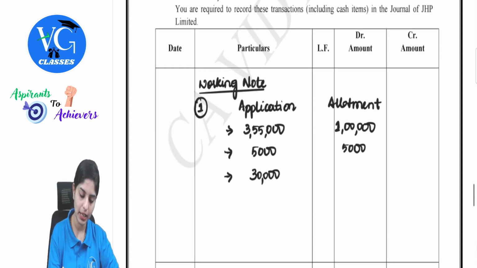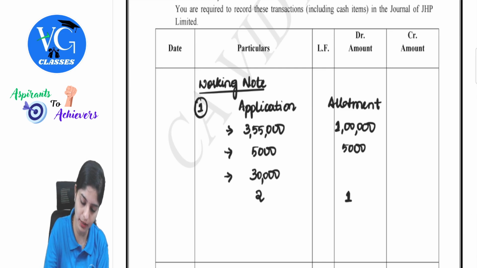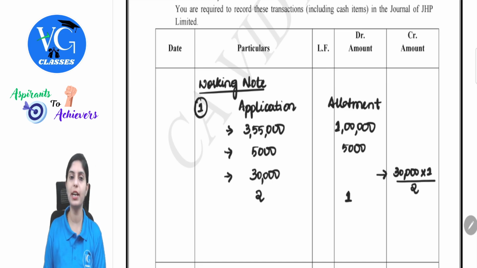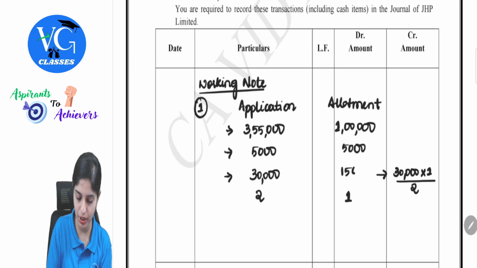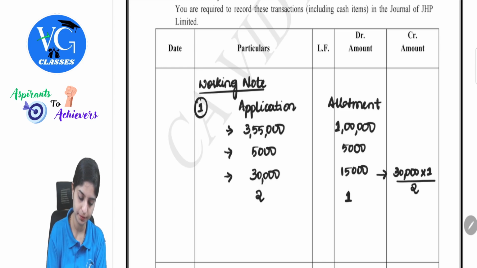That means if I simplify that, you are applying for 2 shares, but you are getting just 1 allotment. So how much is it for 30,000 shares? How can I find this out? 30,000 into 1 divided by 2. We just understood this as a cross multiplication. So if I do this, I get 15,000 shares which has been allotted. I hope this point is understood.